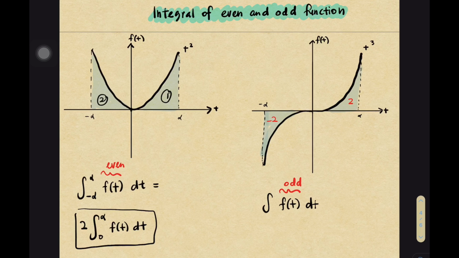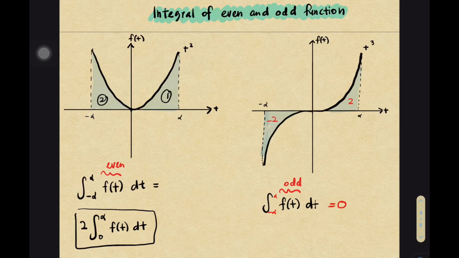This means that if your integral involves an odd function, where you need to integrate from negative alpha to alpha of the function f(t), where f(t) is an odd function, what you get in return is equal to 0. So if you are integrating a function, you can check whether that function is even or odd.